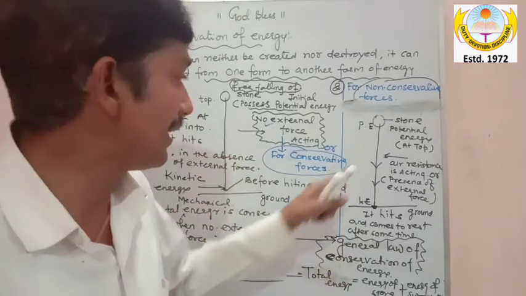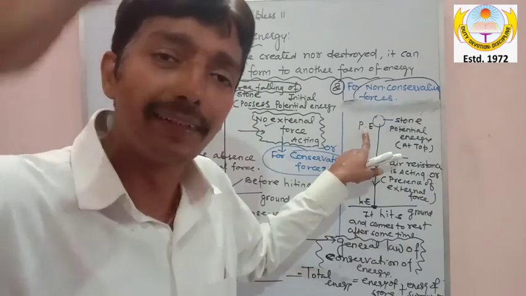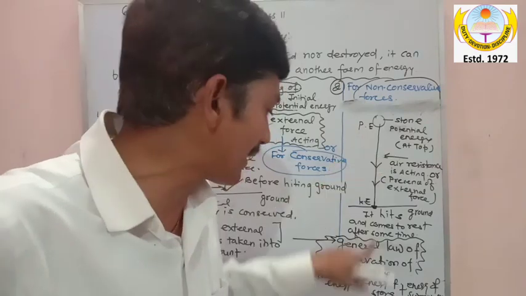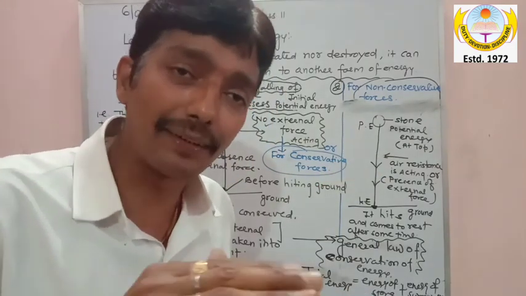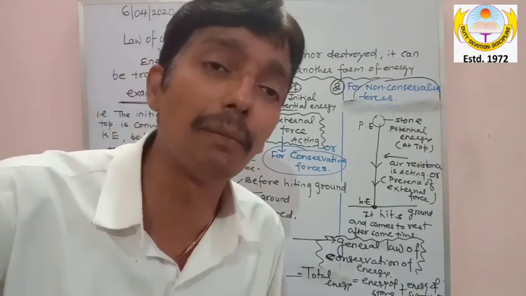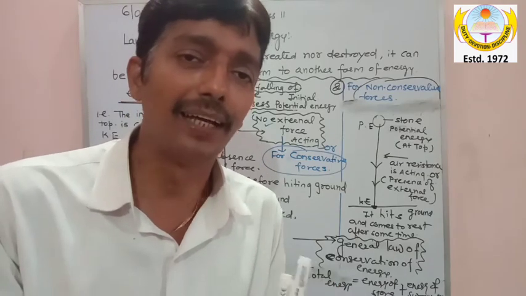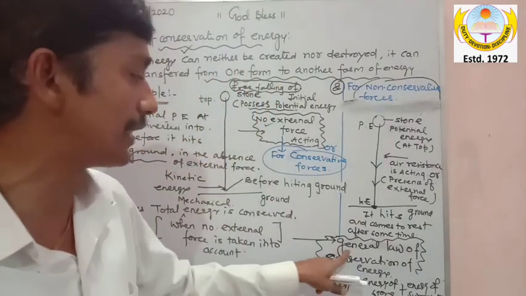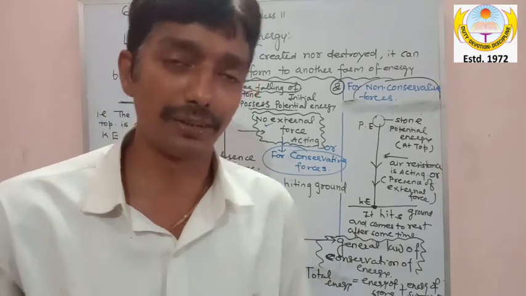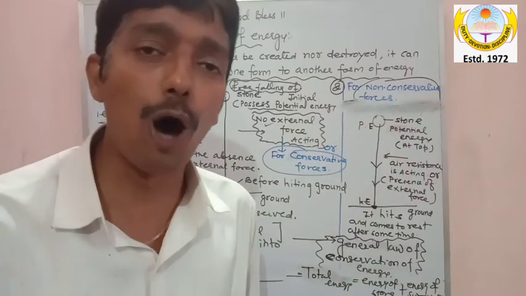And second, if there is an external force acting on a stone, then in that case, my dear, the potential energy which is stored is not completely converted into kinetic energy of that stone, but the rest of the amount of that potential energy is converted into some other form, say heat, say light, say sound, and still when you add, total energy remains constant, and that is called the general law of conservation of energy, which is applicable in the entire universe.